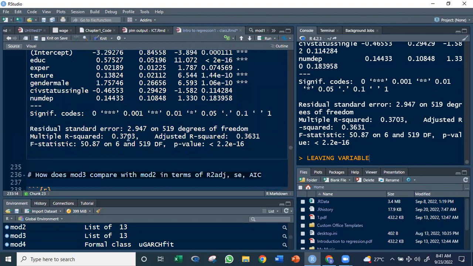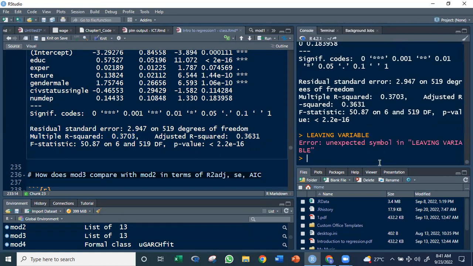So mas mataas yung multiple R squared nung model number 2 natin. Natural yon, class, no? The more variables you have, the greater will be your multiple R squared. That's why we don't use this. Kasi ang gusto natin sa isang model natin is a parsimonious model.